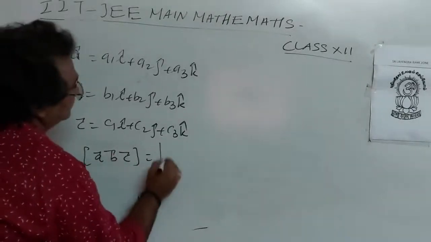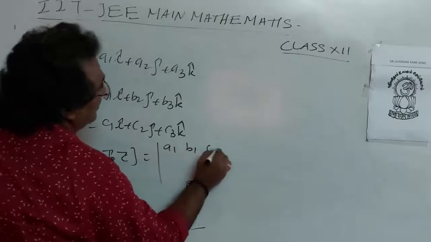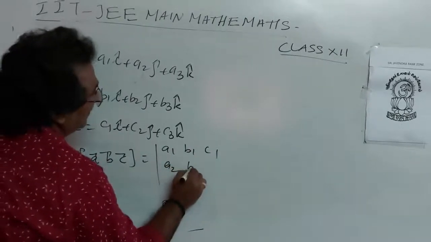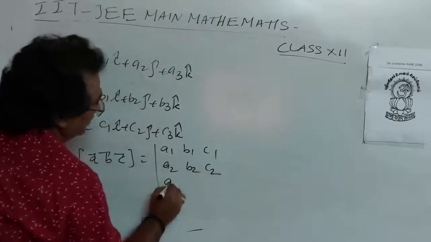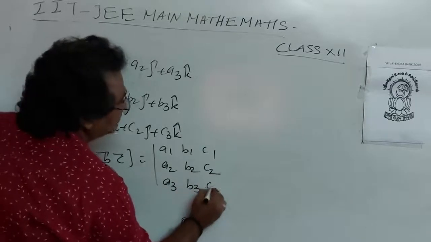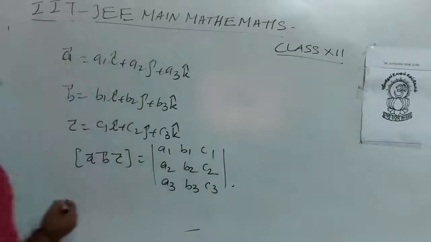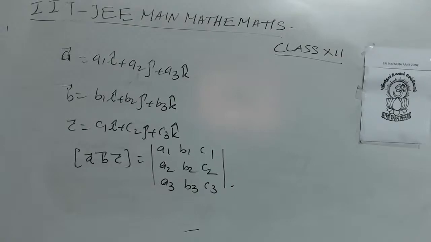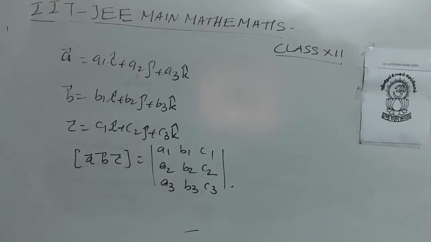Then the scalar triple product is the determinant with rows A1 A2 A3, B1 B2 B3, C1 C2 C3. That is the expansion of the scalar triple product.